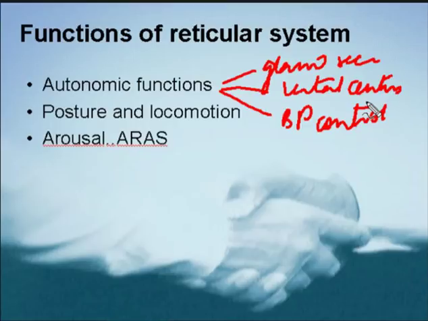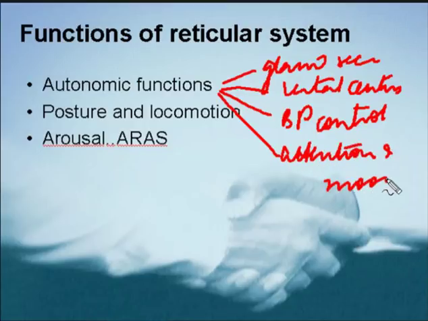Attention and mood, yes, there's another one, attention and mood. So these are the main autonomic functions that it is concerned with. It is also concerned with posture and locomotion, and then of course arousal, as I told you, this ascending reticular activating system. So it maintains the state of consciousness.